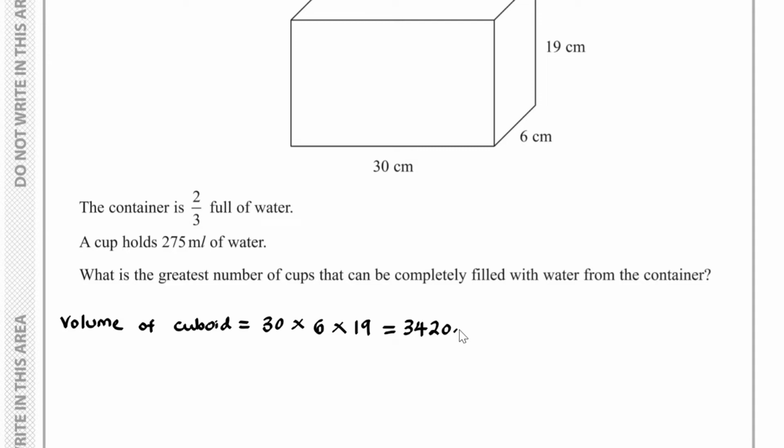So here we have the volume of the cuboid being 3420 centimeters cubed. The volume of water we have will be equal to 2/3 of this amount.